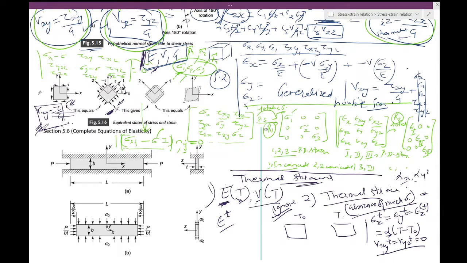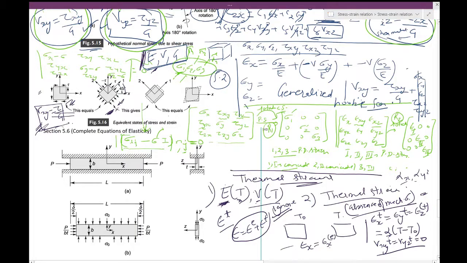Now this is because of only the thermal load. If you also have mechanical load over it, what do you do? You just superimpose them. So this is due to elasticity and this is due to the thermal part of it. So for example, for the strain in X, that would be Ex.